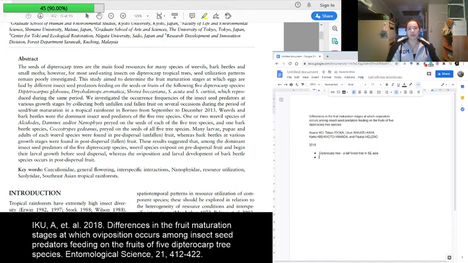I'll just highlight these, just so we know what kind of insects they might be talking about later on. So this study aims to determine the fruit maturation stage, which is fairly self-explanatory, at which eggs are laid by different insect seed predators feeding on the seeds or fruits of the following 5 species.